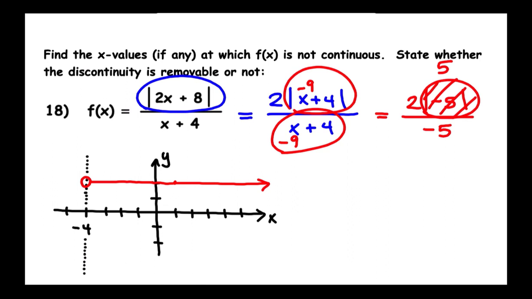Now those 5s will always cancel because they're always going to be the same number. But instead of just having a 2, now you're always going to have a 2 over negative 1, which is negative 2. And so you're going to be down here at negative 2 for all these numbers. So what's happened is we have produced jump discontinuity at x equals negative 4.